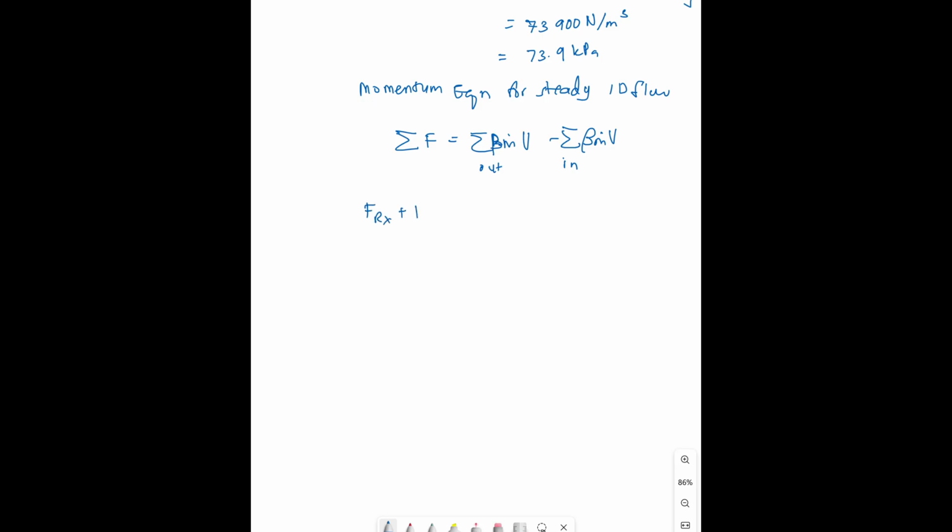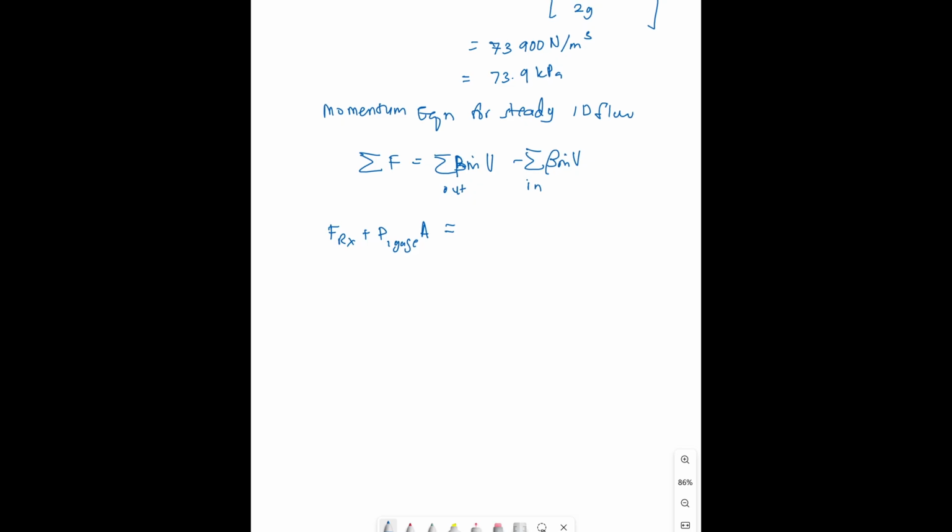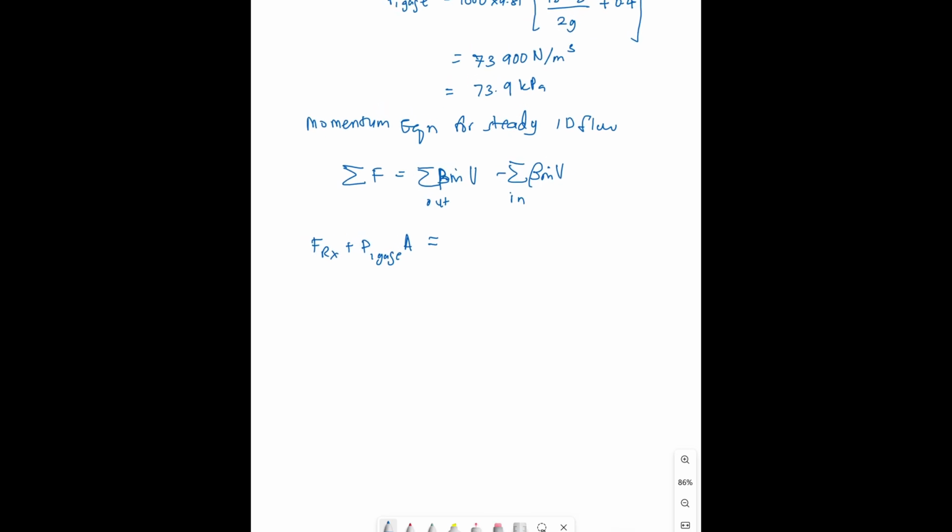So we will write this equation for the x-axis: Frx plus P1 gauge times A equals beta m dot V2 cos theta minus beta m dot V1.